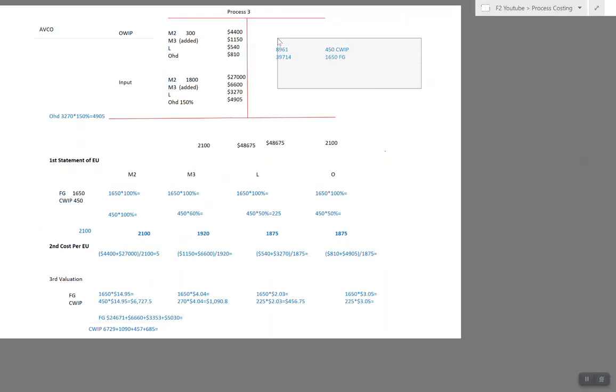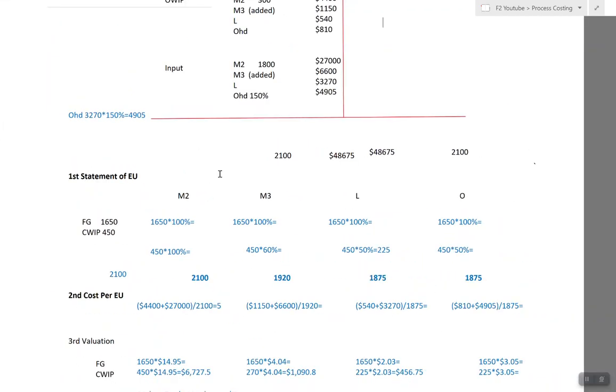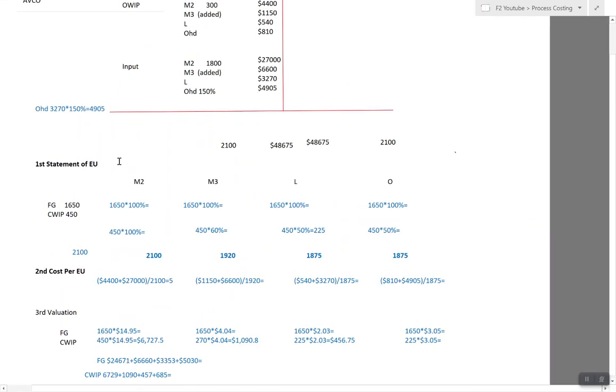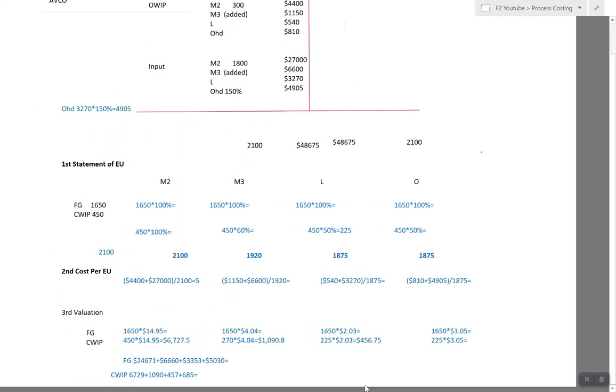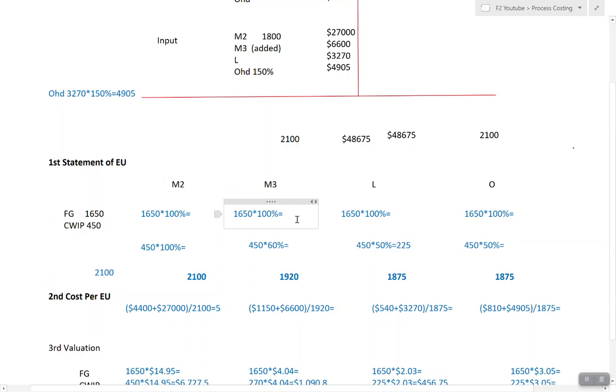So we do the same 3 steps like we previously did. Avco method assumes that whenever we start working, a period finishes. Maybe it is a day, maybe it is a week. When one week finishes and we start working next week, we start working on all units at the same time.